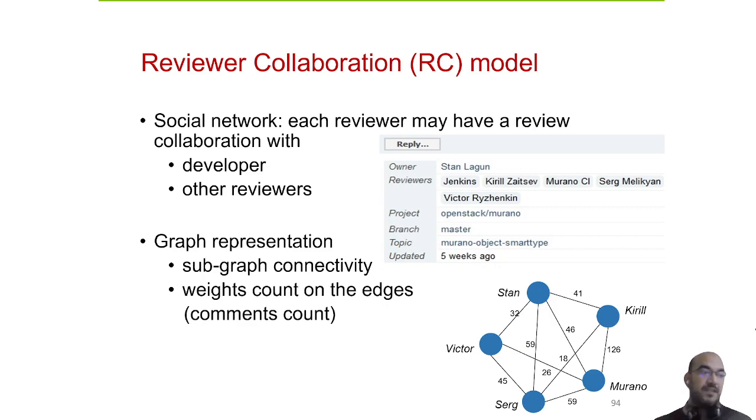For instance, if we look at this graph here, we see that Stan and Carol were both involved, or have been submitting comments to each other, 41 times throughout their history of reviews. So here we are modeling all the interactions between Stan and Carol, for instance. Either one of them is the reviewer and the other is the author, or vice versa.